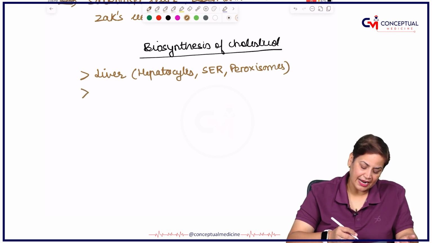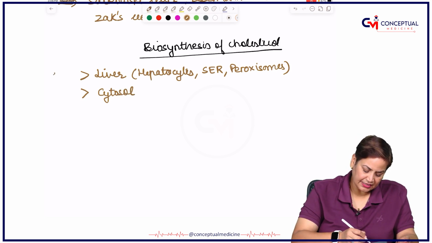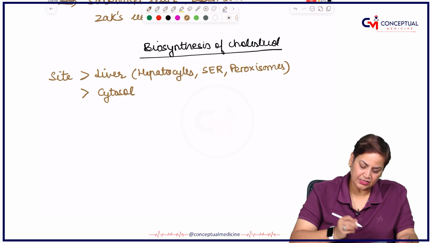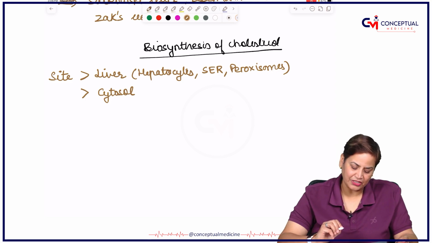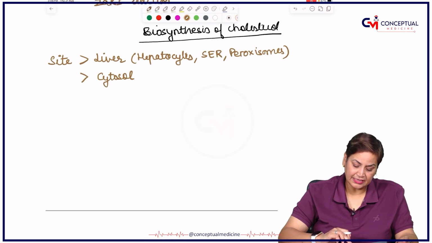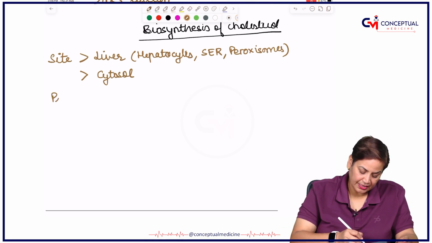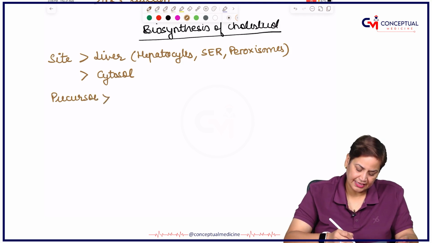And the fraction is cytoplasm. So we can say the site of synthesis of cholesterol is the cytosolic and endoplasmic reticulum fraction in the liver. And the precursor, just now I told you, is acetyl coenzyme A.